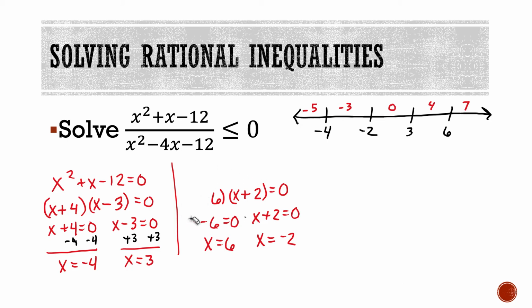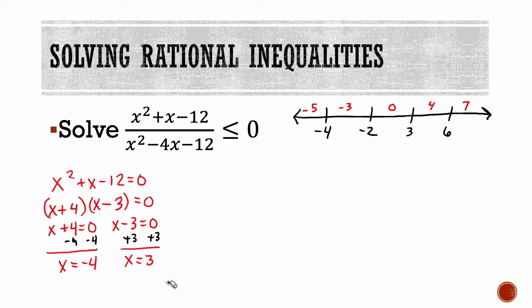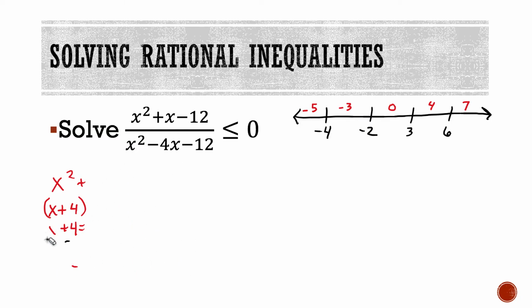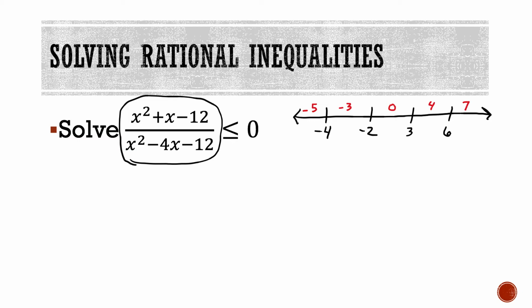All right, so once we have those test values selected, we're going to go back to our original problem and plug those values in. And I would encourage you here to use your calculator as much as possible to make this process easier. All right, so I'm going to begin by plugging in a -5 back into this original problem, and I'm plugging it everywhere there's an x.